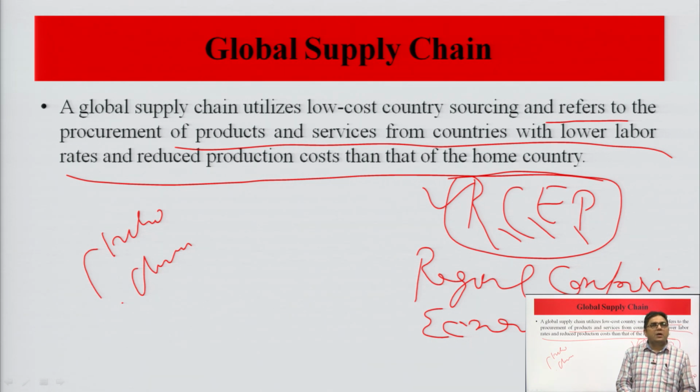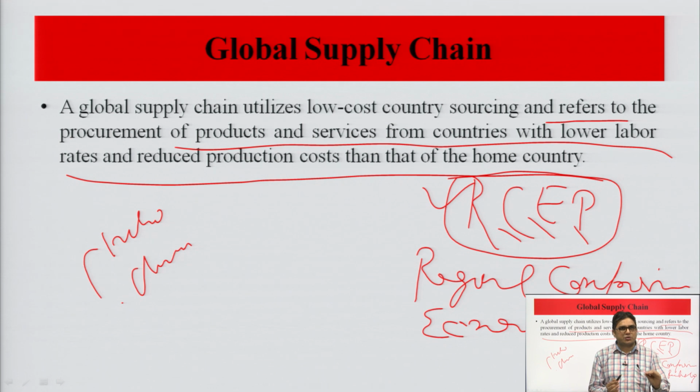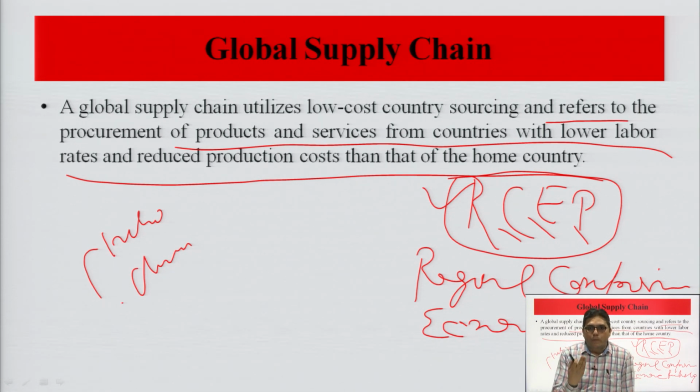This way companies are able to manufacture their product at a lower cost, which makes them more competitive and able to provide their product at an affordable rate. So, this is how reverse engineering came into existence, and it has enabled a global supply chain.